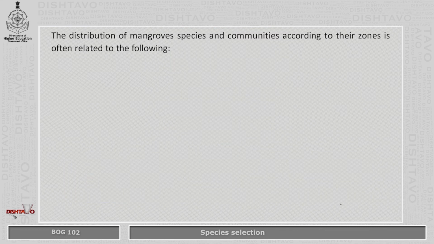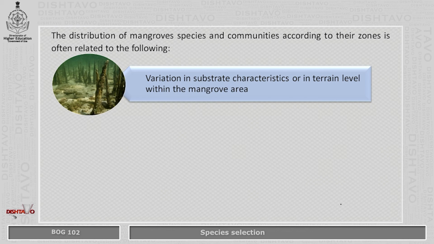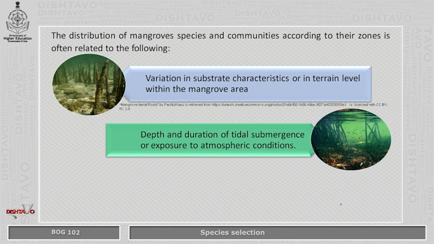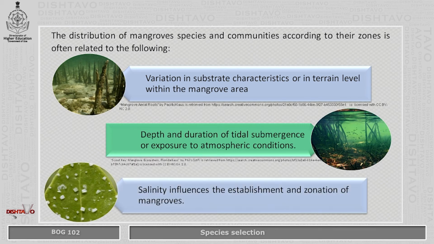The distribution of mangrove species and communities according to their zones is often related to either the variation in substrate characteristics or in terrain level within the mangrove area, depth and duration of tidal submergence or exposure to atmospheric conditions, or salinity that influences the establishment and zonation of mangroves.